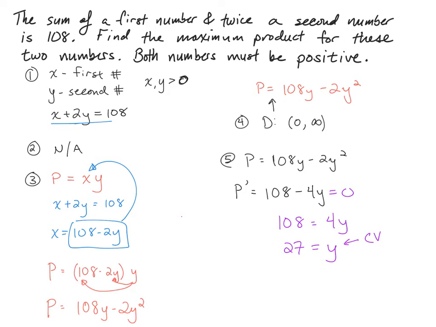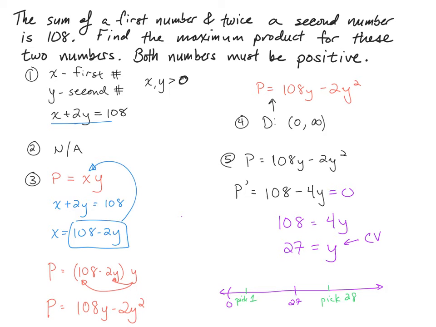When you have a critical value, we have to see if it is a maximum or a minimum using the first derivative test. So I'm going to pick 1 and I will pick 28. And we have to find f prime of 1.